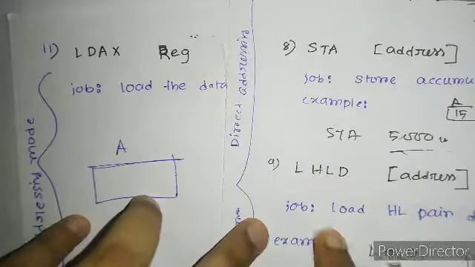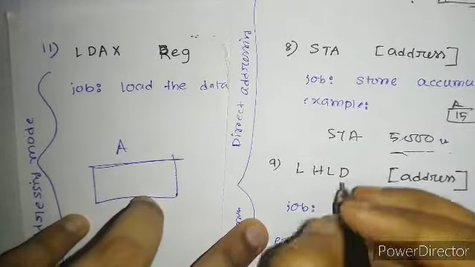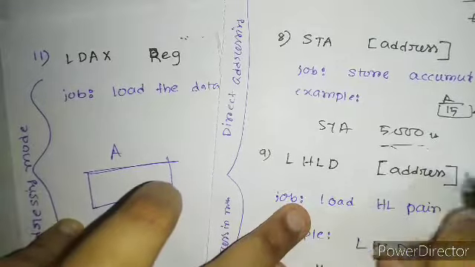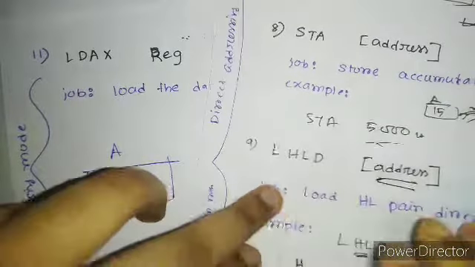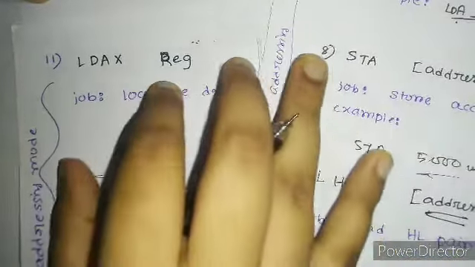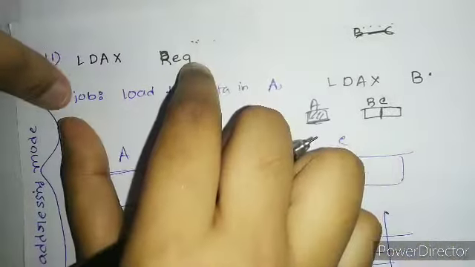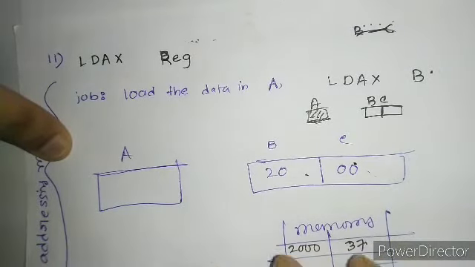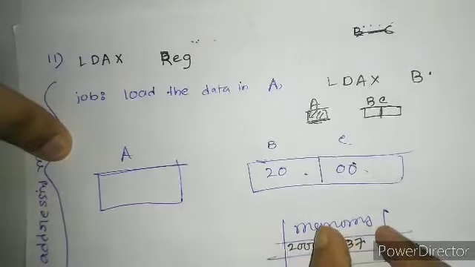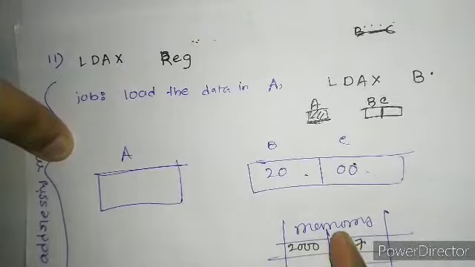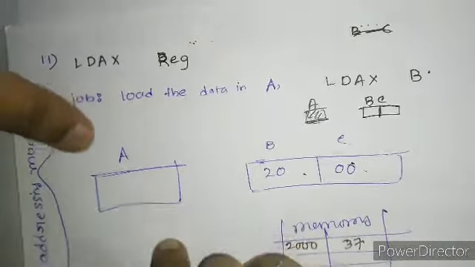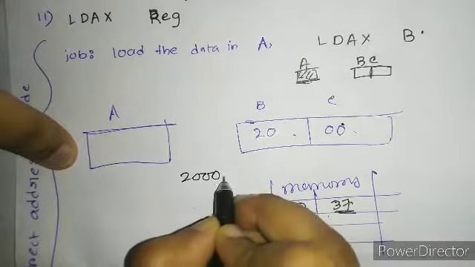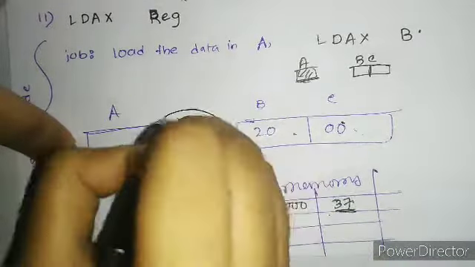LHLD signifies load HL pair with the data given by an address. Here the address is mentioned, but in this case they mentioned a register pair. From that register pair we get the address, from the address we find the data, and we have to put the data in A. So in 2000 there is 37. This means that from location 2000, the data 37 will get stored in A.